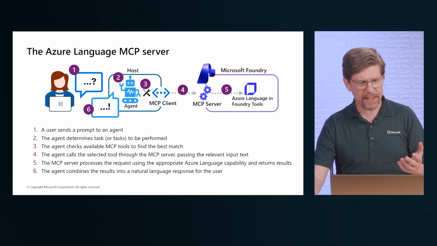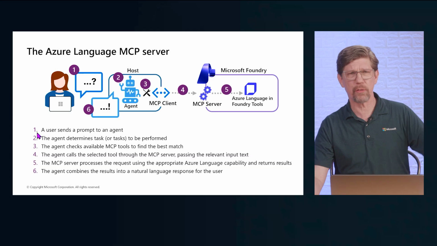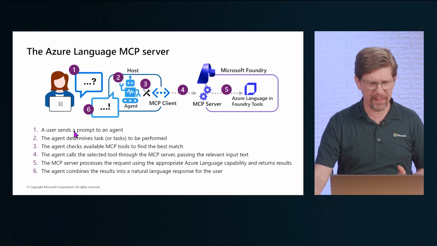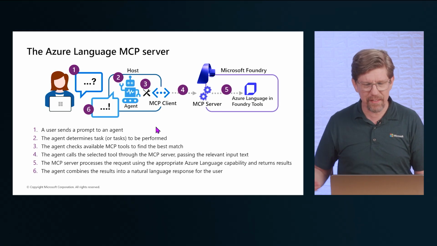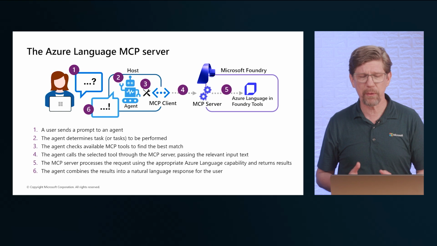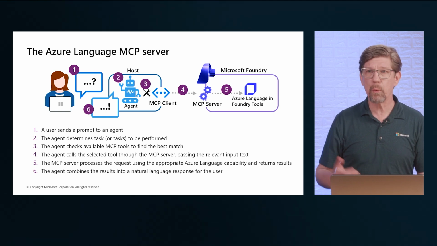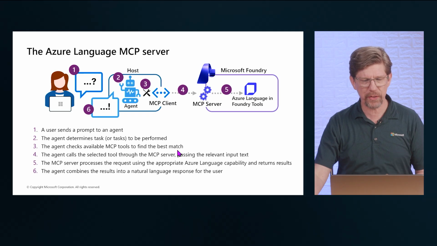Once that's configured, the process is that a user is going to send a prompt to an agent, or some system is going to send that prompt to the agent. The agent then determines what has to be done and reasons. Maybe the thought process is, I've got to strip out some sort of PII. What tools do I have available? It checks the MCP tools to find the best match.